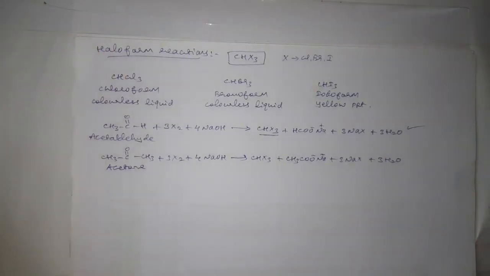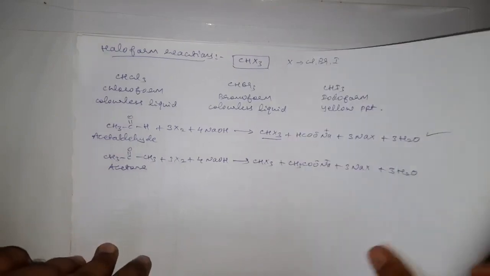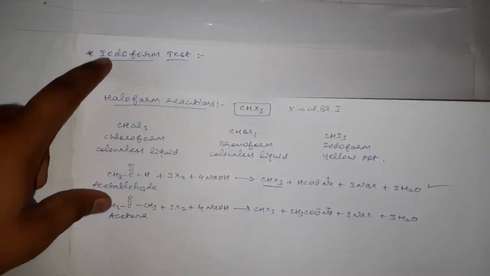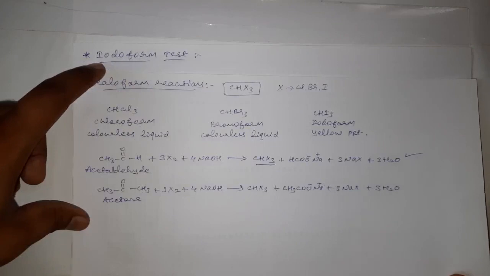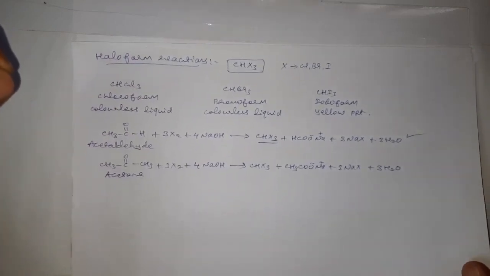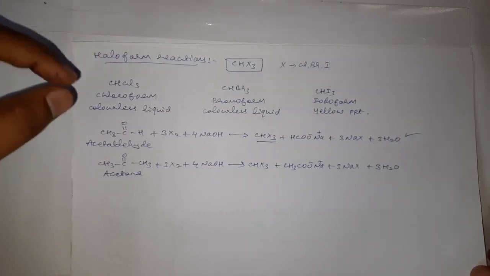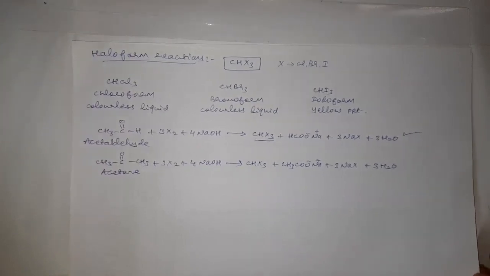These are called haloform reactions. And why are we studying these haloform reactions here? Particularly we are concentrating on the iodoform test only. It is the test by which we can easily come to know the type of aldehyde or ketone present in the given sample.